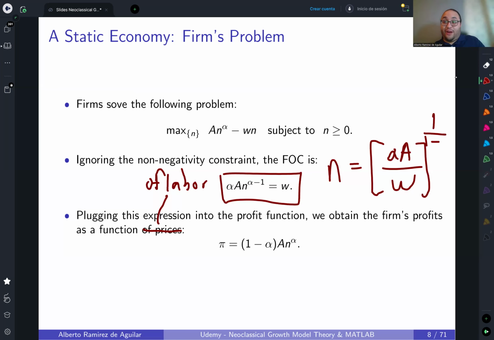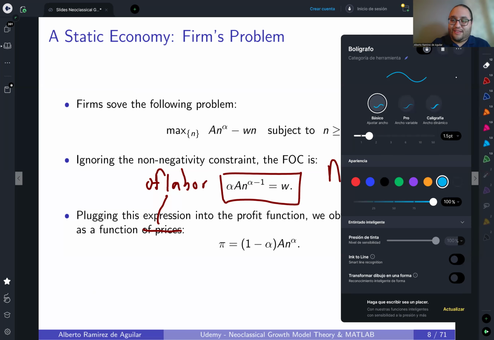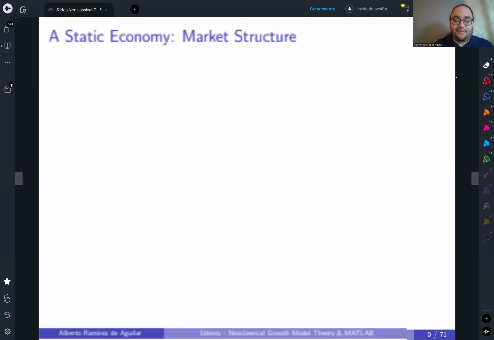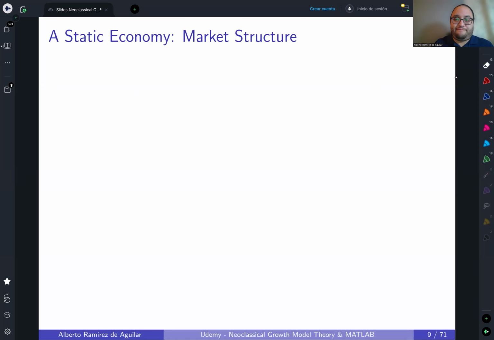So if I give you the wage, you can solve for the optimal labor. And once you found the optimal labor, you can plug that here, and that will give you the value of profits. So you don't need to find profits as a function of wages, because you already have profits as a function of labor, and you have labor as a function of wages.